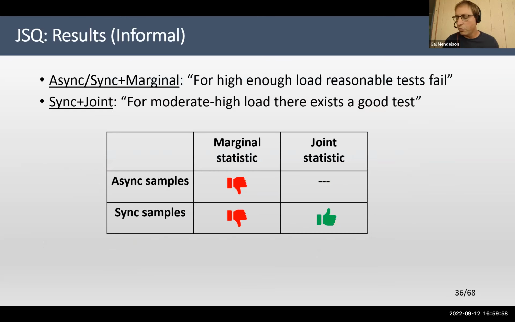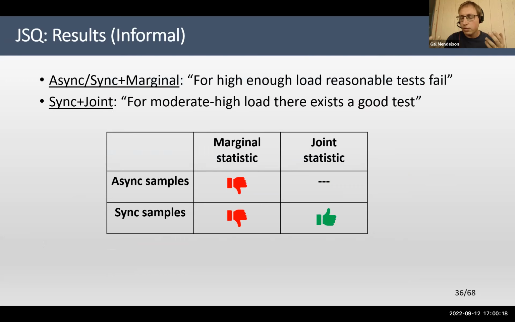So these are the 3 options. And here's an informal summary of our results, and I will dive deeper into the rigorous derivation and statement of these shortly. But to get a picture, for high enough loads, reasonable tests fail if you do marginal statistics.